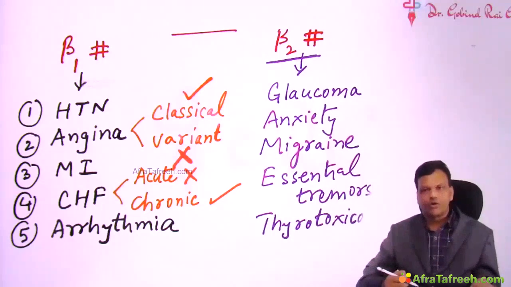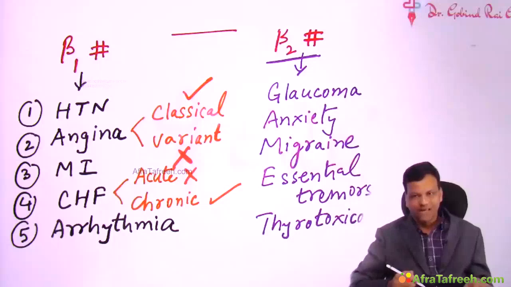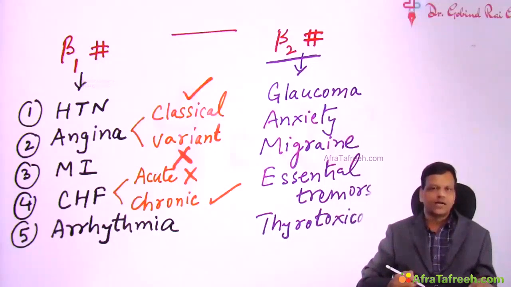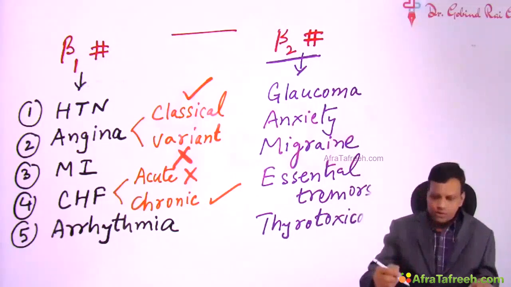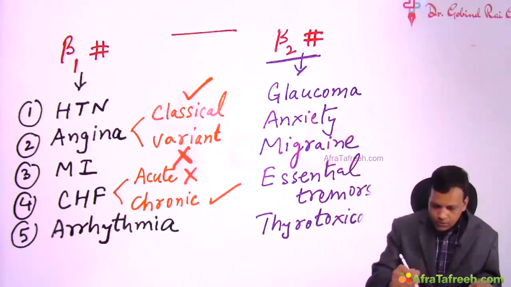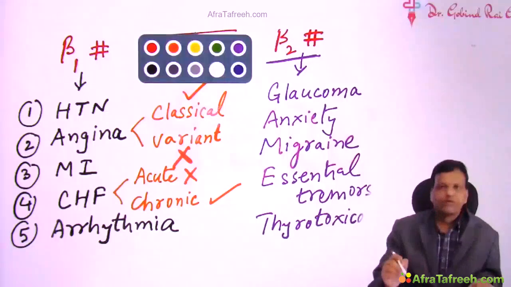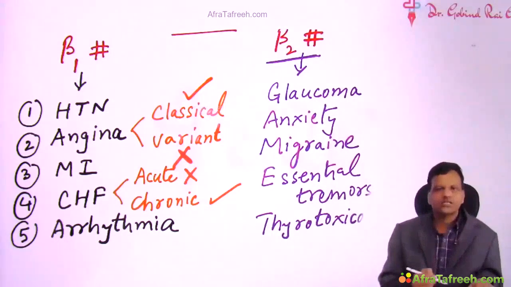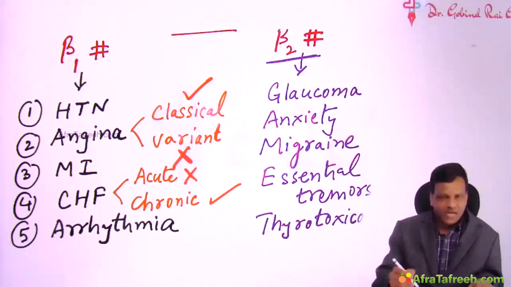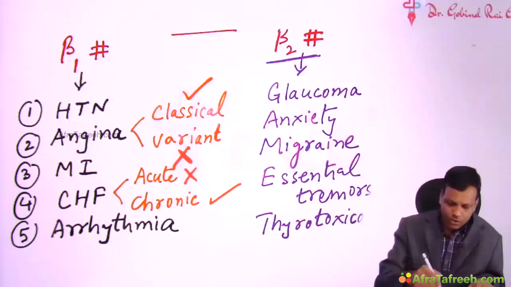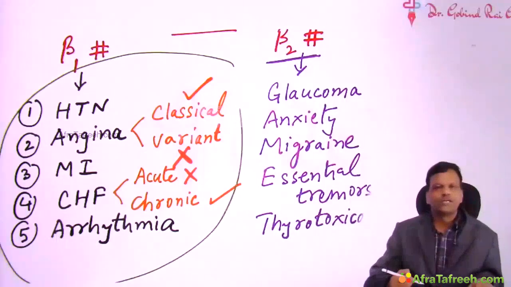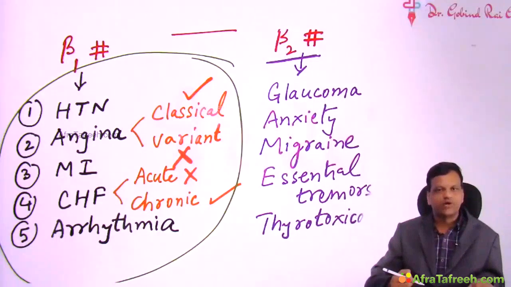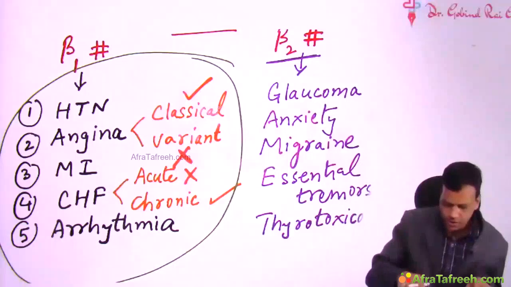They can be used for glaucoma, anxiety, migraine, essential tremors, and thyrotoxicosis. So if you remember again, non-selective beta blockers can be used for all of these indications, whereas second generation or cardioselective beta blockers are used only for beta 1 blocking indication. That means only cardiovascular indication. Clear? So these are the uses of beta blockers.